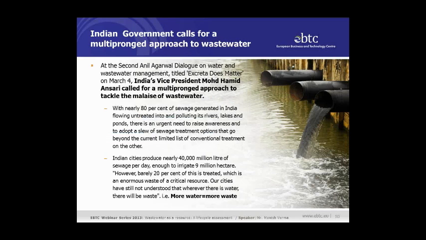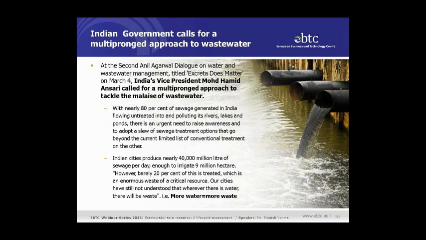Okay, let me just talk straight away about wastewater. Just a few days ago, the Indian government and the Vice President of India, Mr. Mohammed Hamid Ansari, talked about our approach to address the malaise of wastewater. 80% of sewage generated in India just flows into rivers, lakes, and ponds, contaminating them.